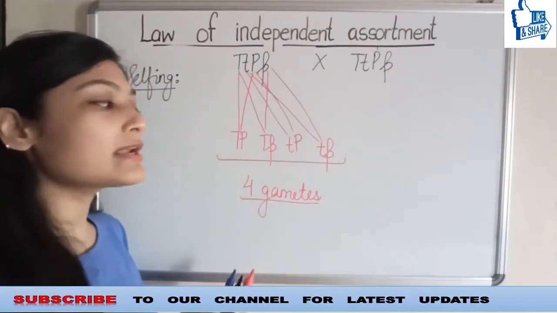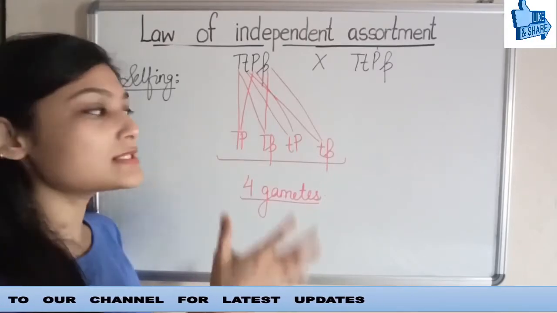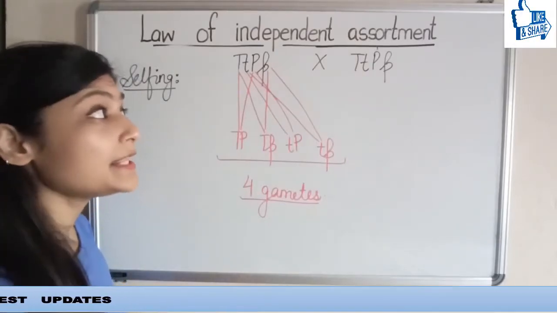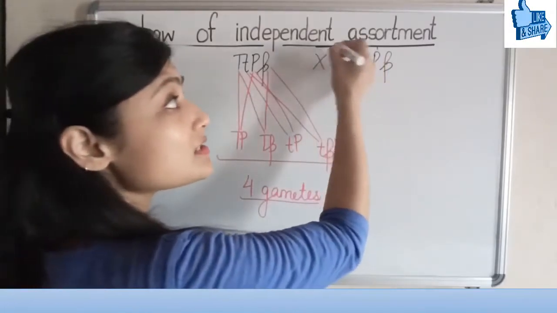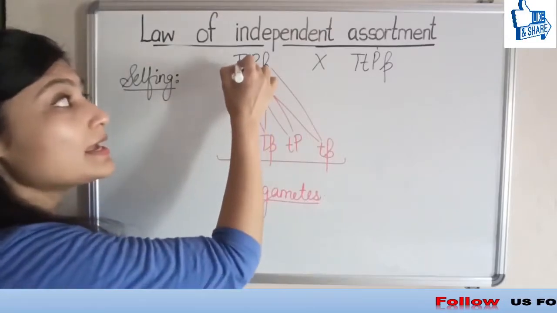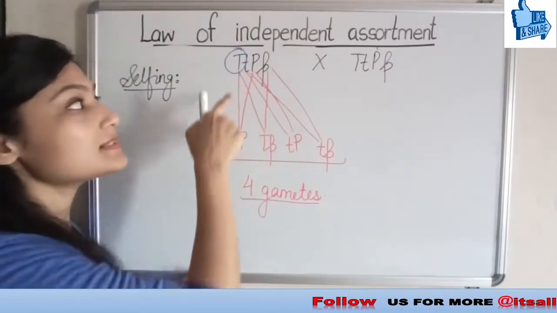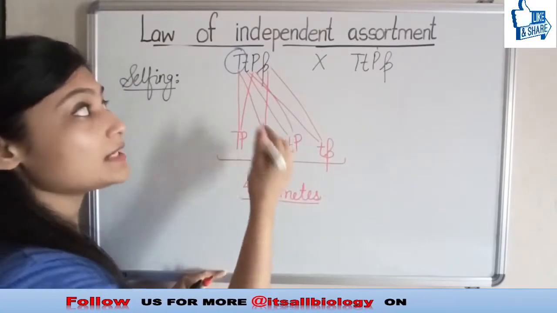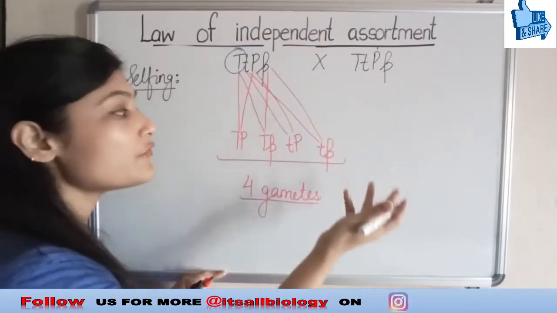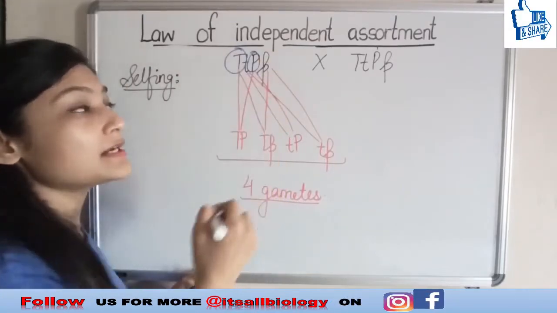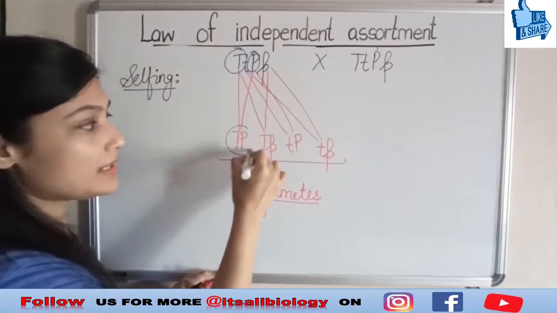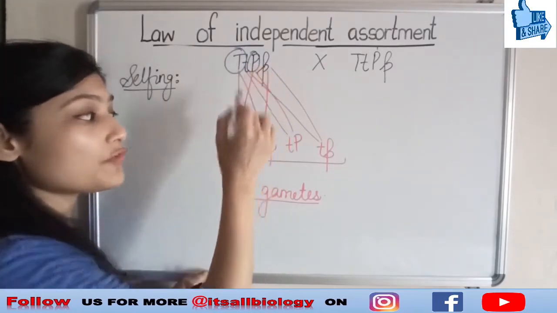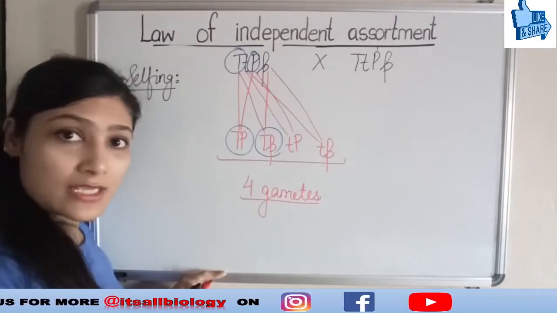But here we are not considering the dihybrid cross in full. We are not learning about it. We are just learning about the law of independent assortment. So this law simply says that capital T, or this allele, is free to pair up with either dominant P, like in this case, or this T can go with the recessive allele.